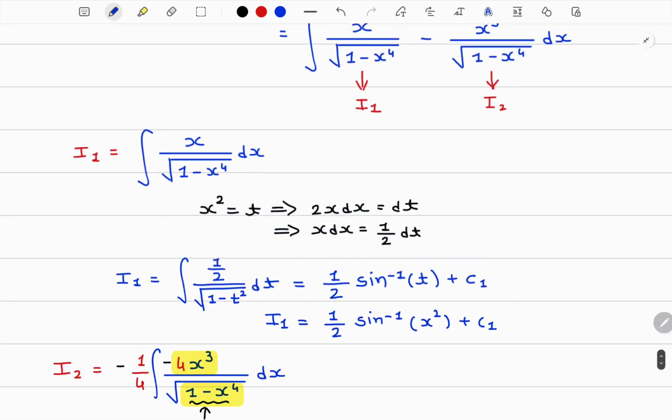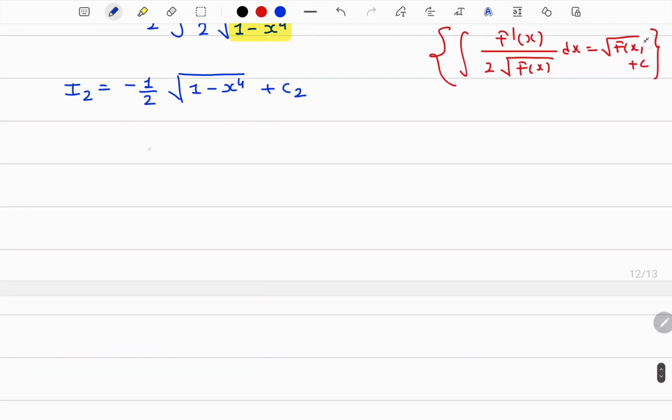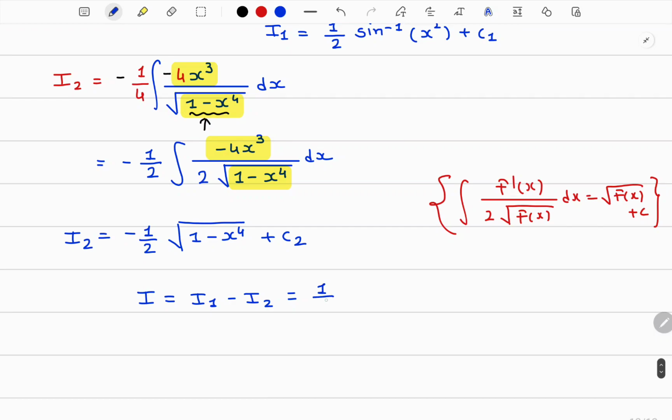Now our actual integration is I equal to I1 minus I2. So I equal to I1 minus I2. Chalo. I1 is 1 by 2 sine inverse x square plus c1, and I2 is minus 1 by 2. So this is plus 1 by 2 under root 1 minus x raised to 4 minus c2, right?